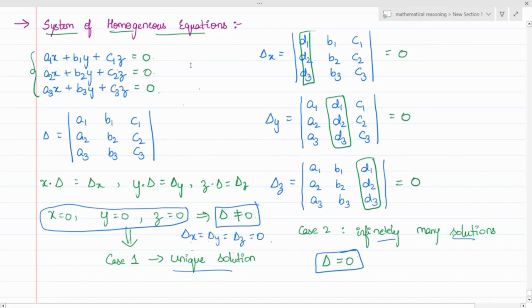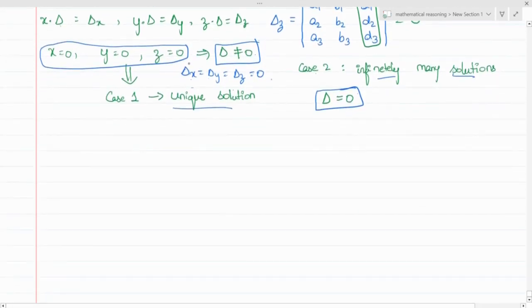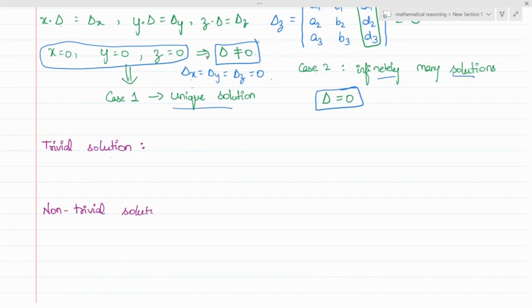And before we go to the questions, there are two terms you need to know. Those are trivial and non-trivial solutions. What do these actually mean?